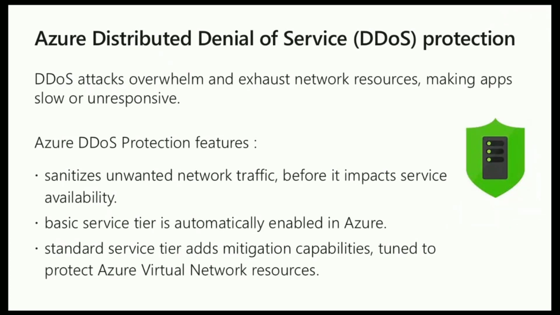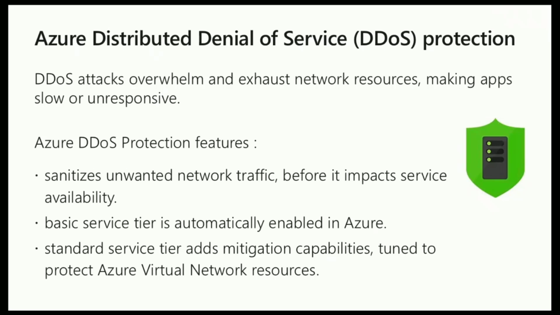Another service that Microsoft offers in Azure is called Distributed Denial of Service Protection, or DDoS. A distributed denial of service is normally undertaken by bad actors to take a public, normally high-profile website offline. In the news, I noticed last week, I think it was, this is when I'm teaching you today, it's mid-August 2019, Cloudflare, one of the world's biggest DDoS protection companies, itself was DDoSed, which isn't particularly good news.